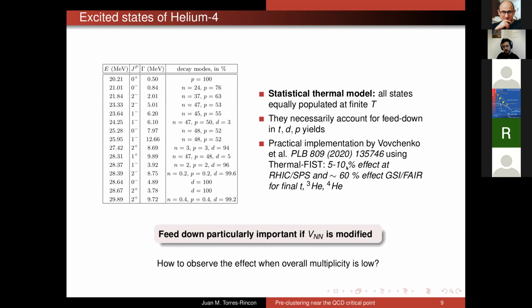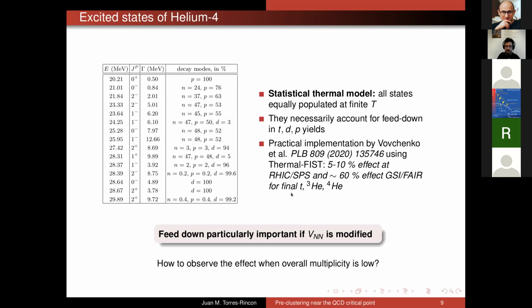But as you go down in energy, which is the interesting part, the effect could be as large as 60% for GSI or FAIR energies. So it is important to take these excited states into account. Even in this case, there is no modification of the potential. There is no critical point going on in this analysis.